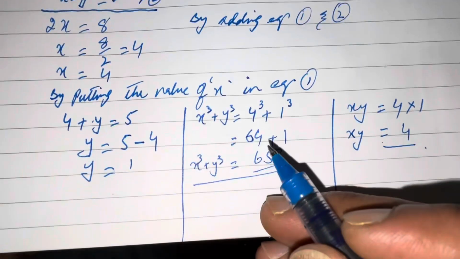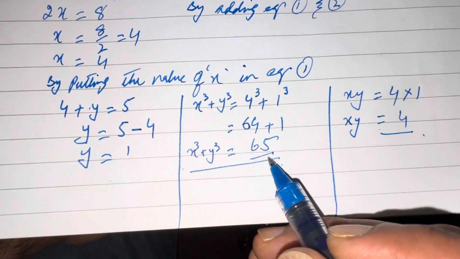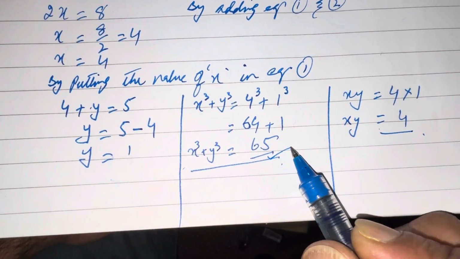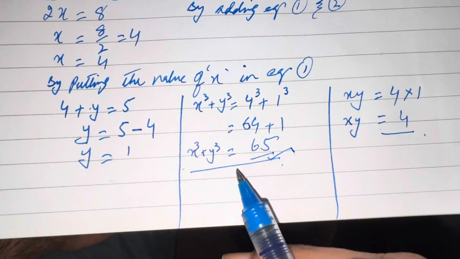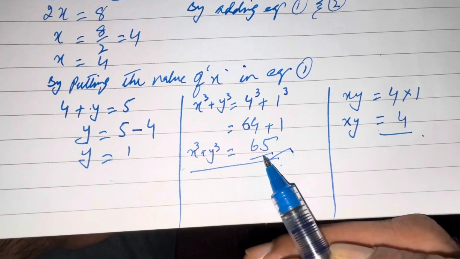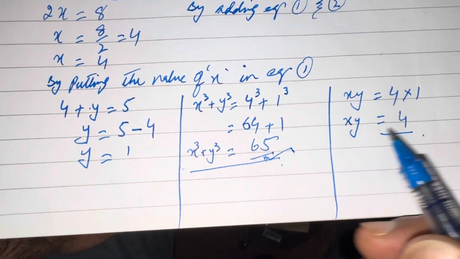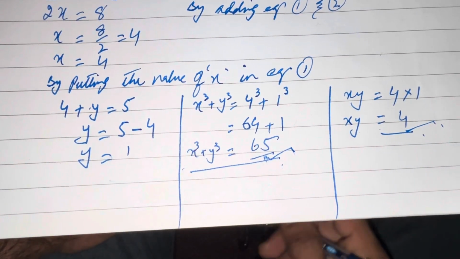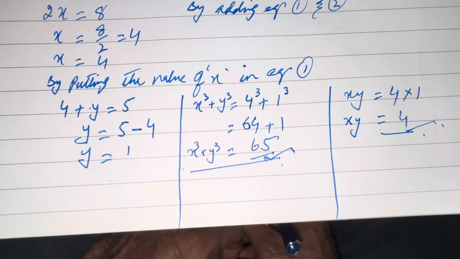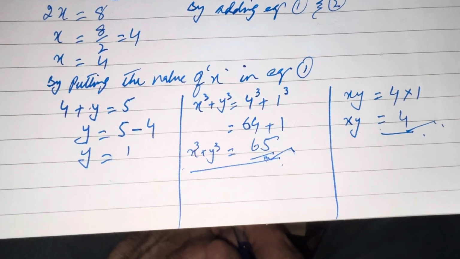At the end, x cube plus y cube is equal to 65, and the value of xy is equal to 4. So that's the way we have found the values.